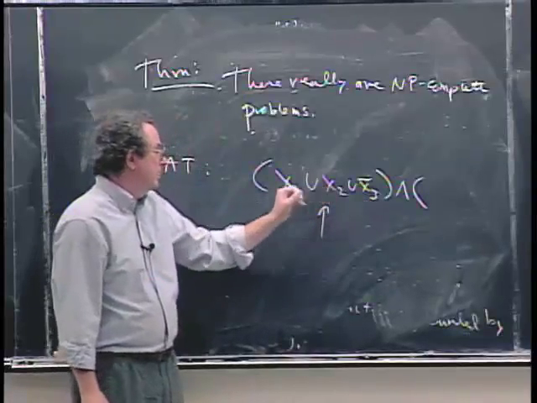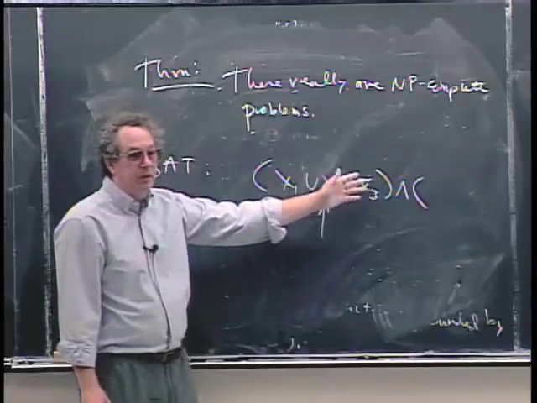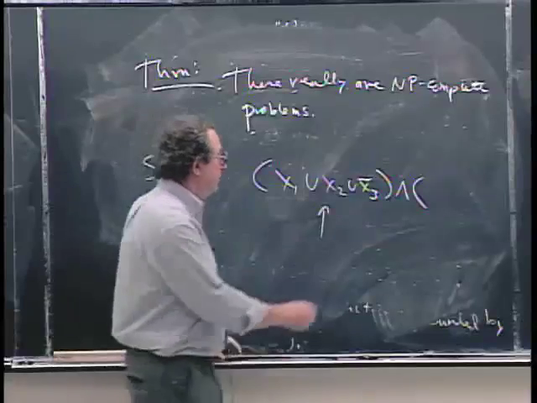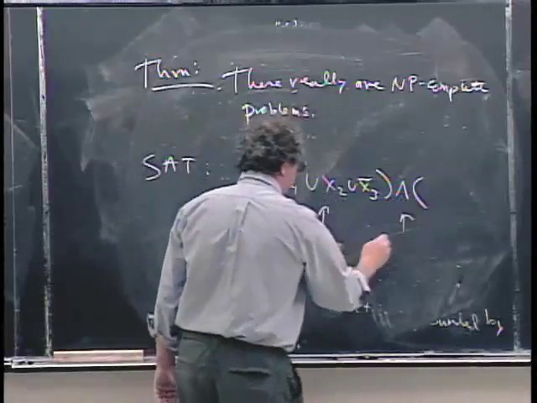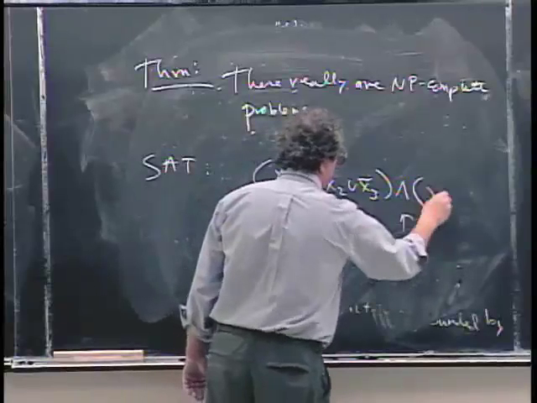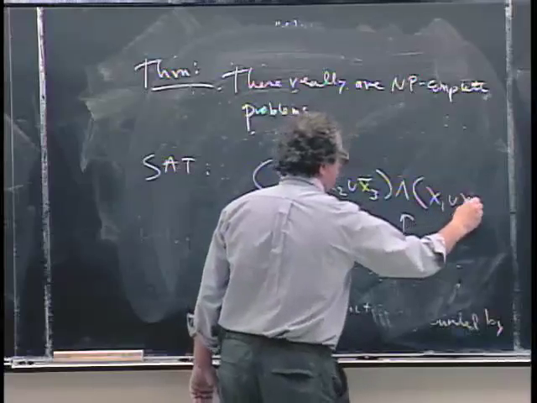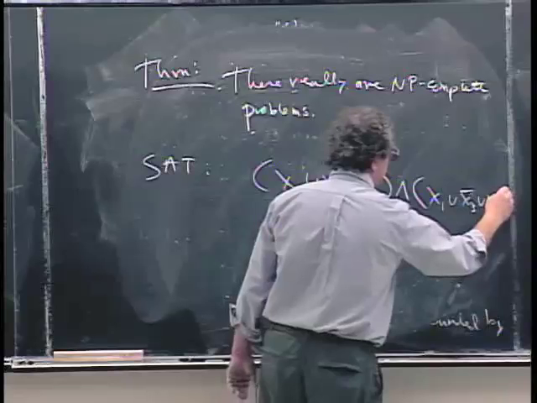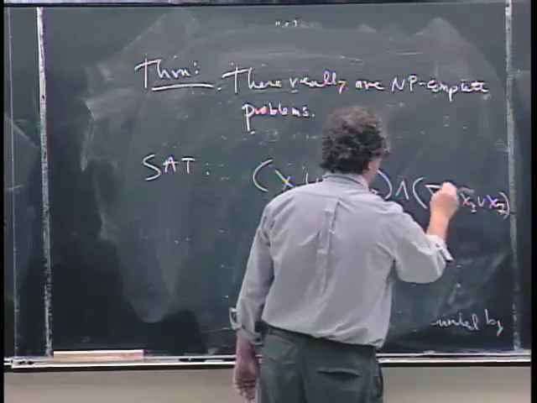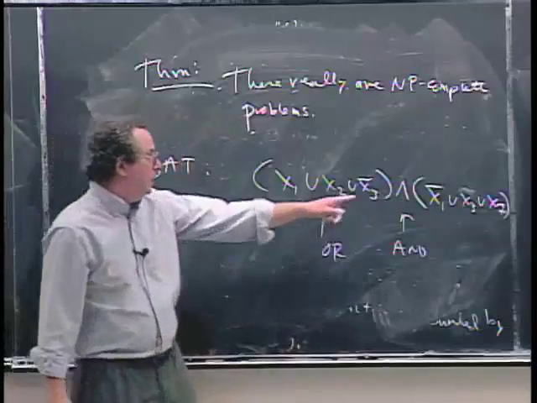Now, this is an OR: X1 or X2 or X3 bar. And then an AND. So these are ORs, this is AND: X1 or X3 or X7, or something like that. Anyway, a whole series of these clauses that are connected by ANDs.